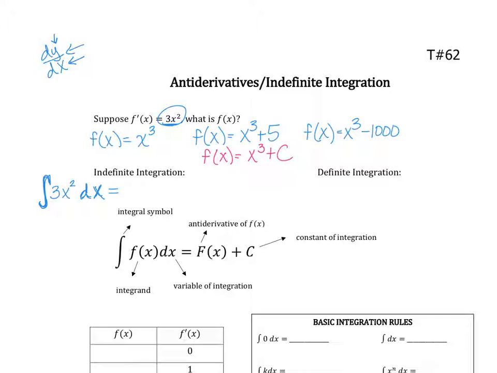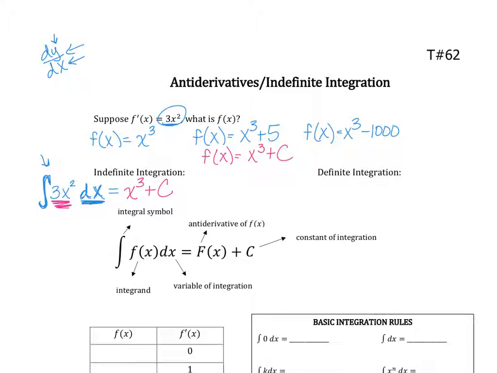Same thing with integration: they have to tell you what variable you're integrating over, and that's what this dx is in this case. So when you see this, it's saying that this expression is the derivative of somebody. And of course, you would say x cubed plus c.